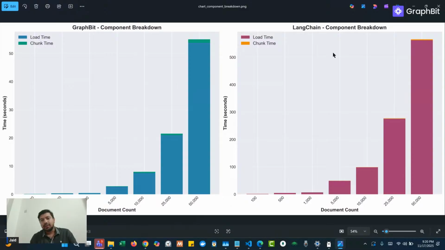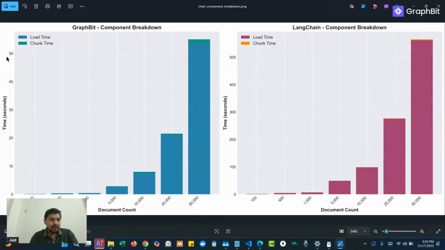On the right side, you can see LangChain's breakdown, also with the document count on the x-axis and the time required for processing those documents on the y-axis. This graph is especially for the document loading and chunking part only.